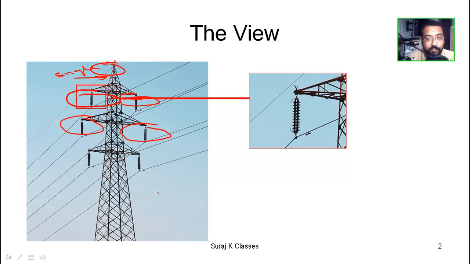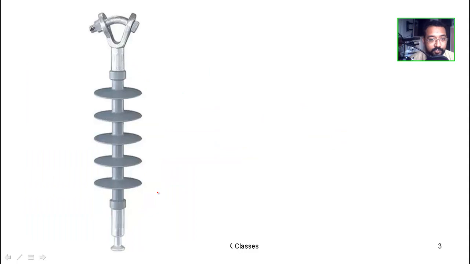Now let's discuss what this thing is and why it is used at towers. This is the bigger view of how it looks when you look at it more closely. This is nothing but an insulator.